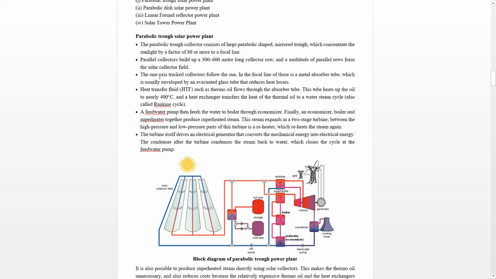Now, in this case of parabolic trough solar power plant, one axis tracking collectors follow the sun. Here I would like to clarify that though two axis tracking will focus the reflected radiation exactly onto the focal line, one axis tracking is enough for the parabolic trough collector.